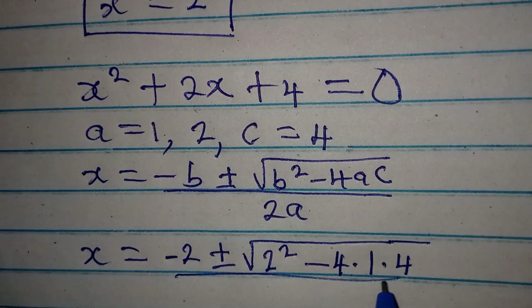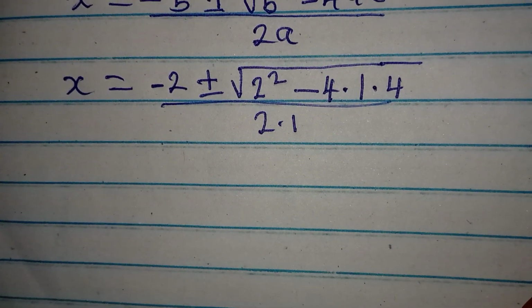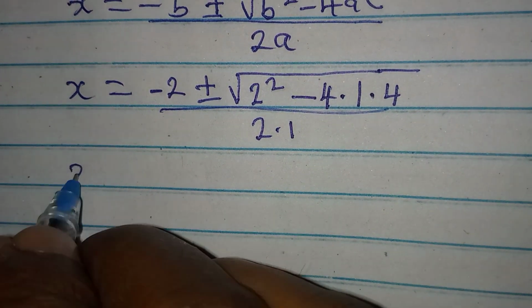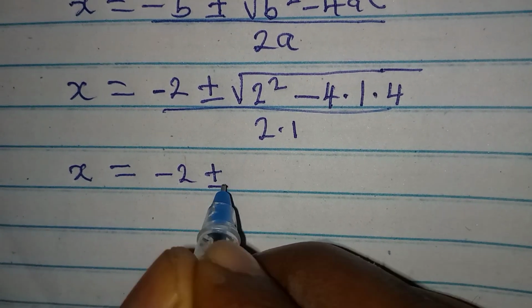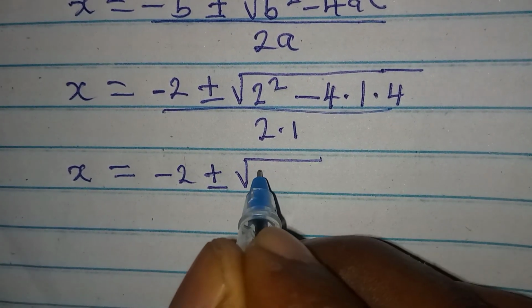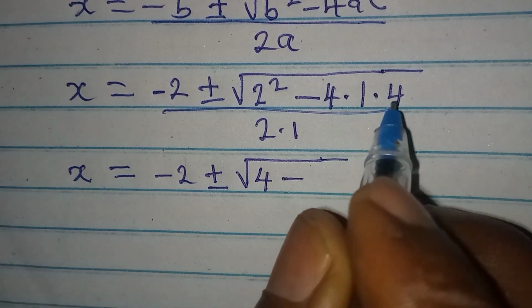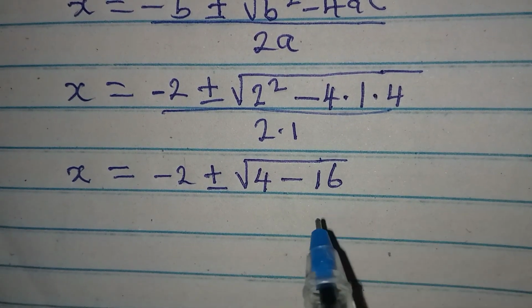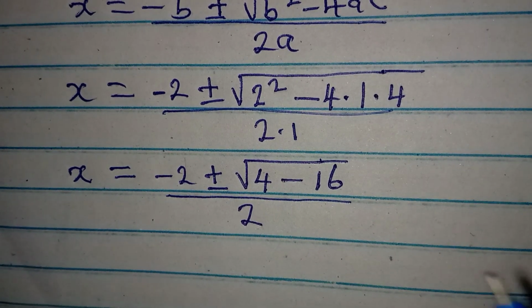And the whole of this is divided by 2 times 1. Let's continue. So from here, our x will be equal to minus 2 plus or minus, then 2 squared is 4, minus 4 times 1 times 4 will give 16. All of this is over 2.